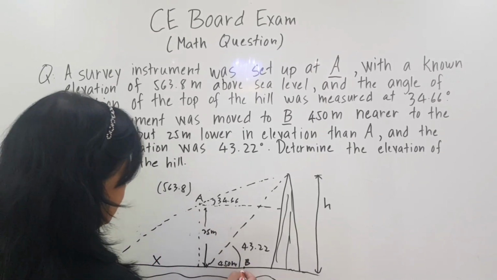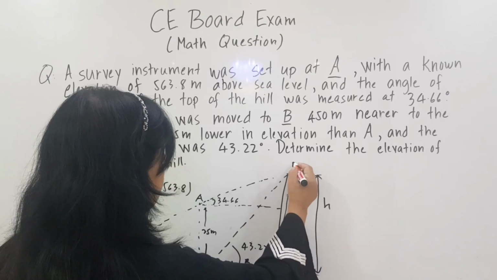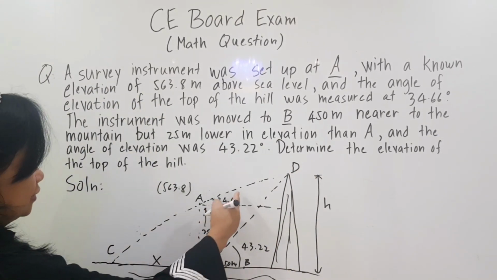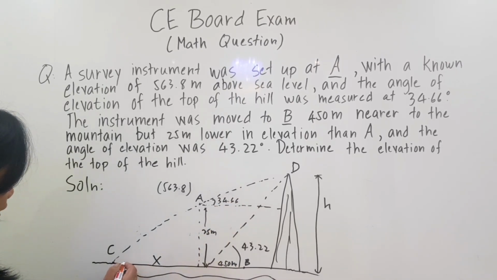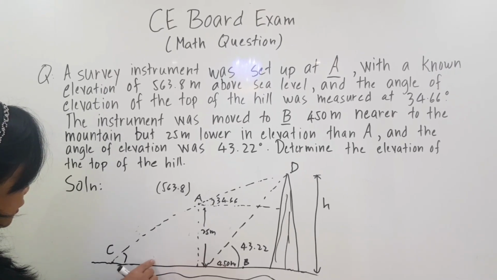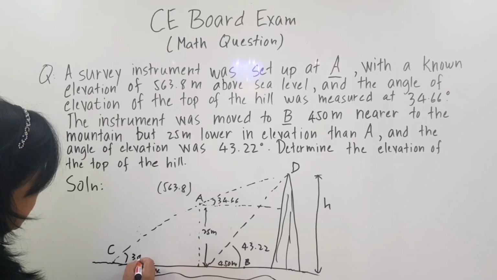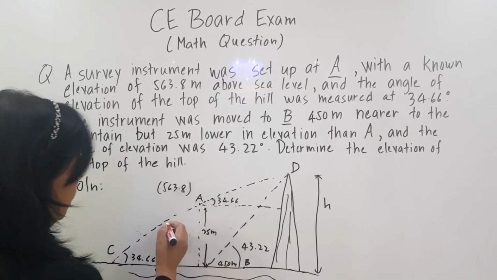Now if this is B, we designate this one as C and this one as D. If this angle is 34.66, this angle is also 34.66 because they are on the same slope.